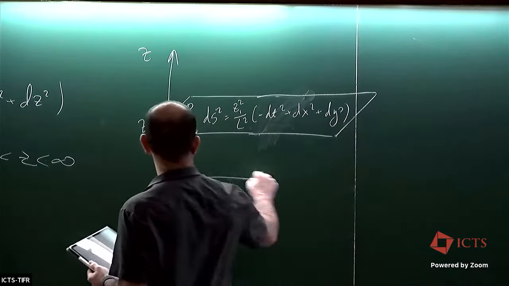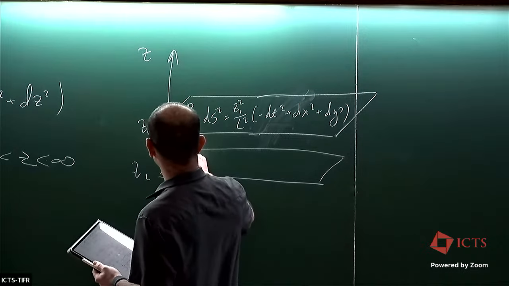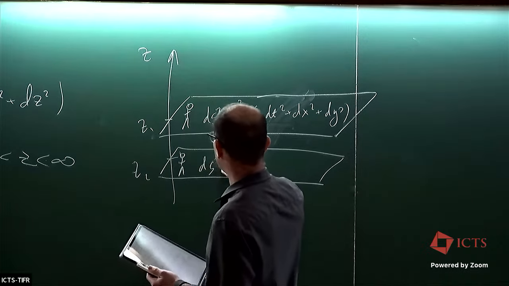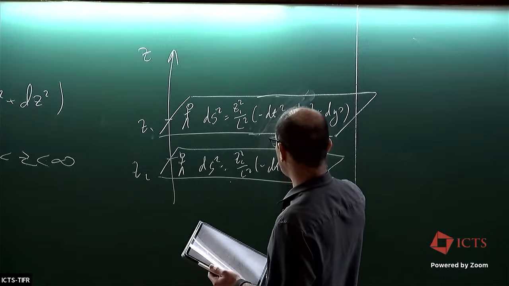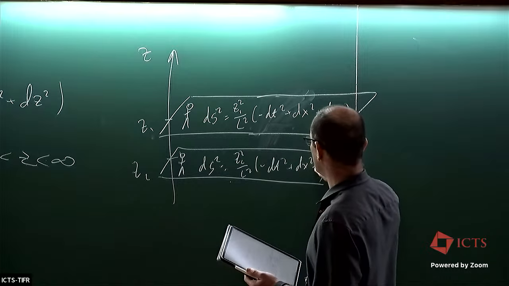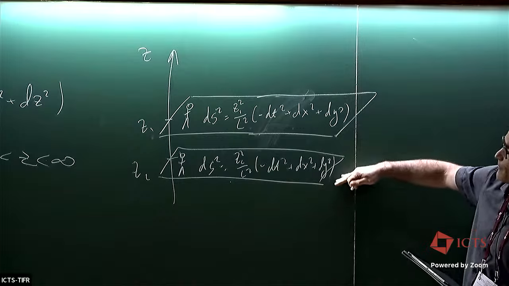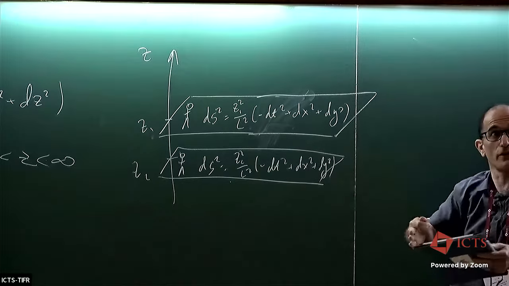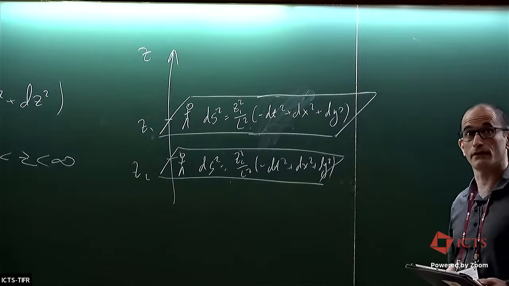And if we look at a different value of z, this other observer will again just see flat space-time. If we go from z1 to z2, what we'll see is some overall stretching of the entire space-time.